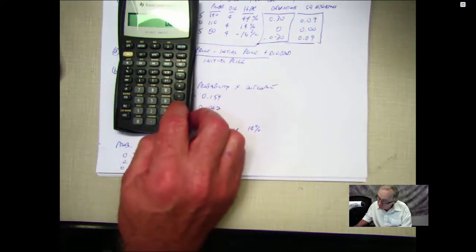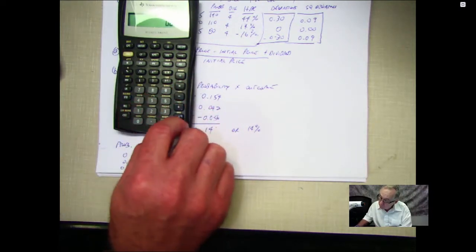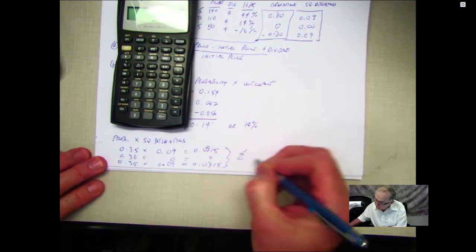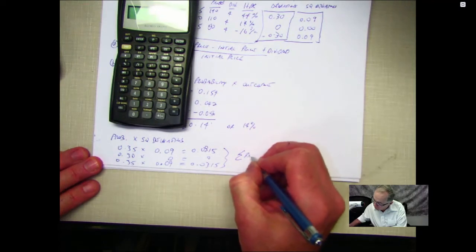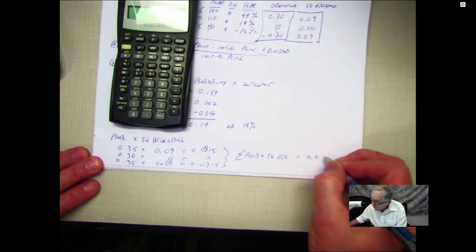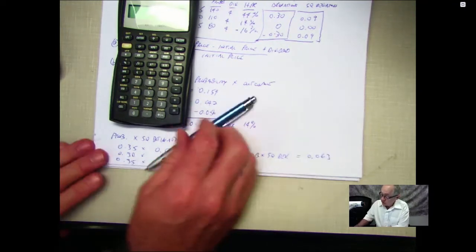The sum of those is 0.063. That's our probabilities times squared deviations.